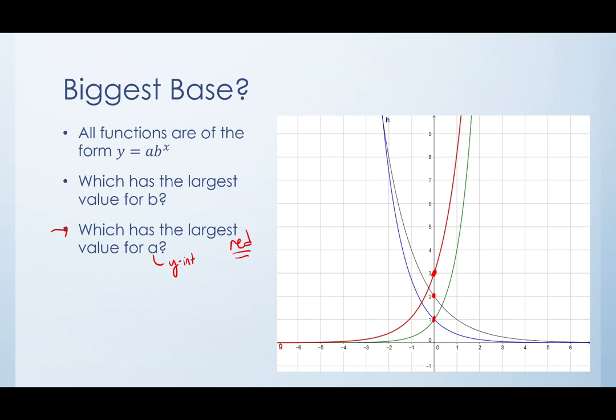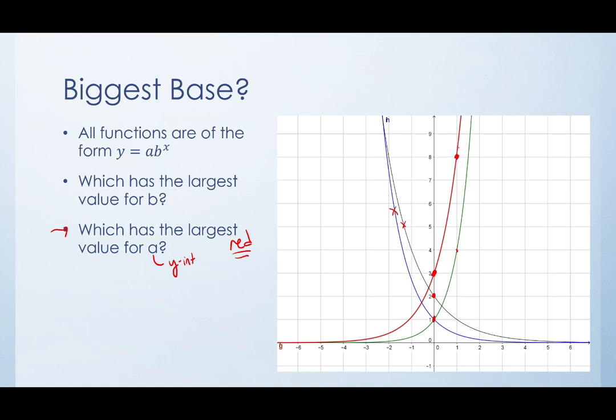Now, which one has the largest value for b? This is the base. So we can automatically rule out the blue and the black or gray because those have bases that are between 0 and 1. So we've got to look at red and green, and ask which one is steeper? Which one's growing faster? If we go from 0 to 1, the green's going from 1 to 4, and the red looks like it's going from 3 to 8.